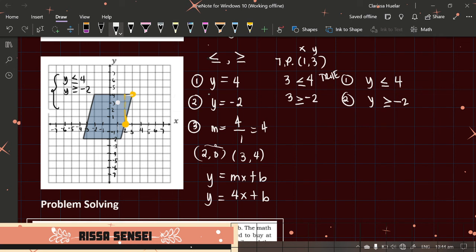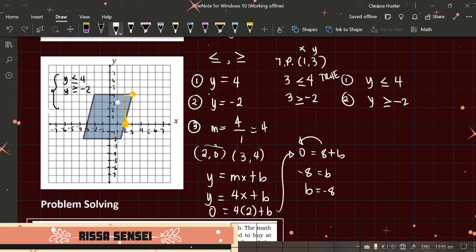Kahit huwag na yung 3, 4. Substitute natin to get the value of b. So, this is 0 equals 4 times 2 plus b. So, this is now equal to 0 equals 8 plus b. And to get the value of b, change the sign of 8 kasi by addition property of equality, magiging negative 8 equals b. So, b is equal to negative 8.